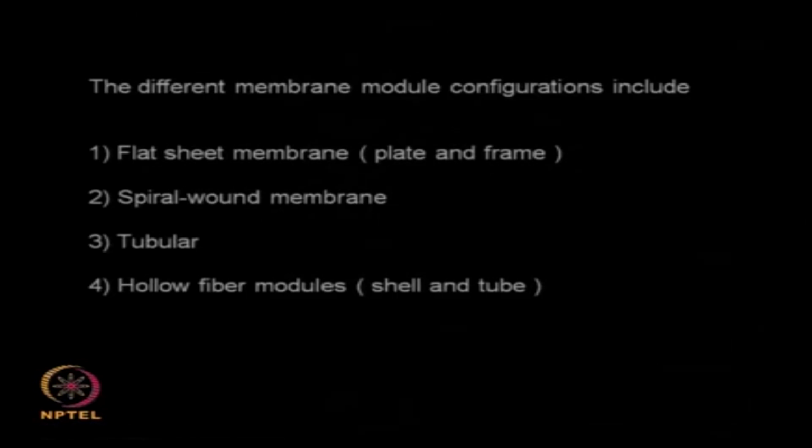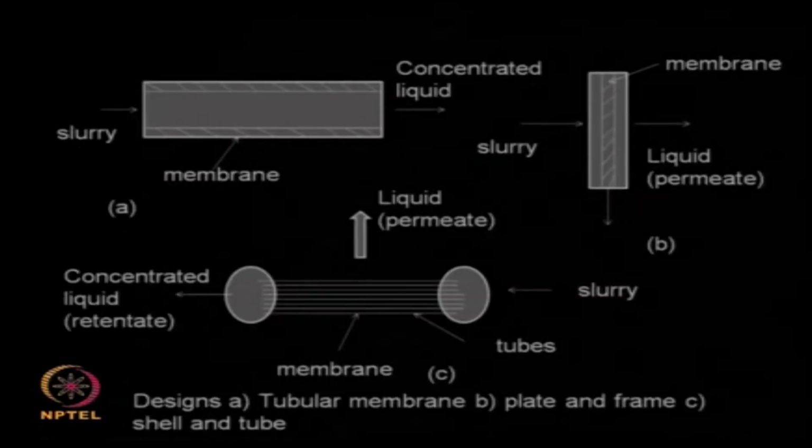You can have a tubular membrane, a long tube whose surface is made of membrane, with the liquid flowing inside. You can have hollow fiber modules, like a shell and tube heat exchanger, with a lot of hollow fibers, and the membrane process takes place because of the flow inside. These are pictorial representations of different membrane designs. So this is a tubular membrane.